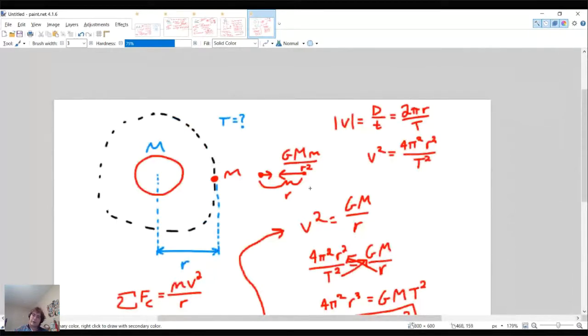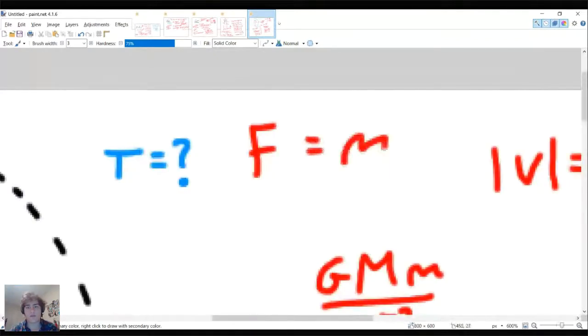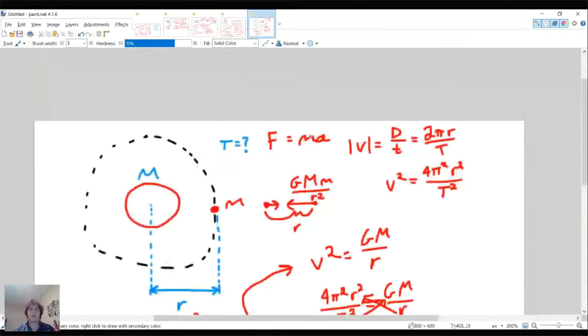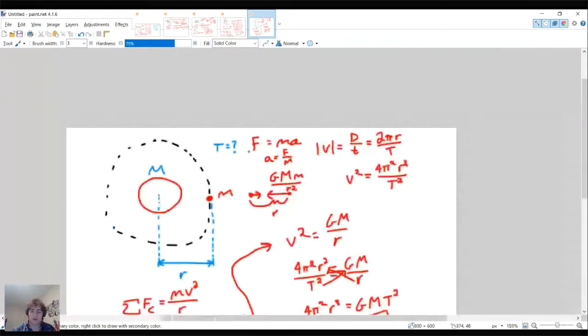The reason is that the mass of the second one is so much bigger, and we know from F equals ma that even if it's exerting an equal force, if the mass increases, then the acceleration decreases. Dividing mass on both sides, we get a is equal to F over m.